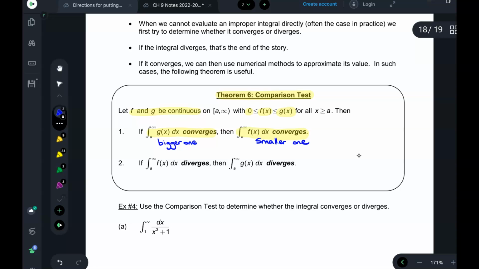Okay, and on the other side, we have the converse. So if f of x, the smaller one, diverges, then the bigger one diverges.